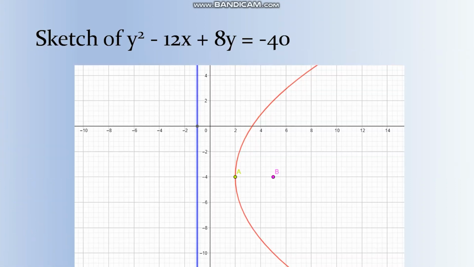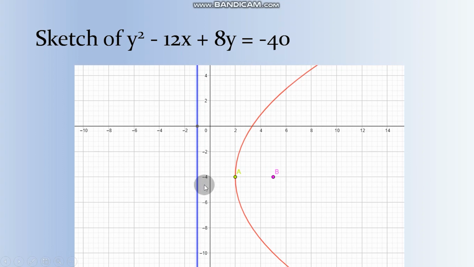So, graphing it, we have this. Di ba? So, ito siya. So, 2, negative 4. Nasa kanan yung focus, which is this pink point. Tapos, ito yung directrix natin. And then, this is our axis of symmetry. Yung negative 4 na yan. So, there.